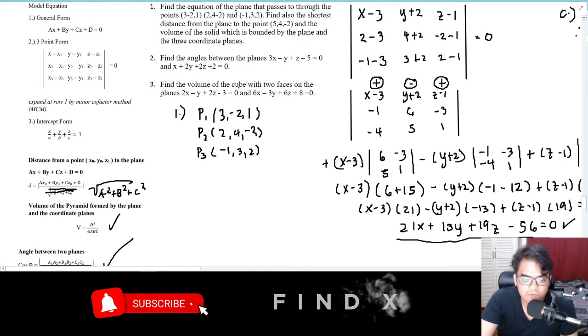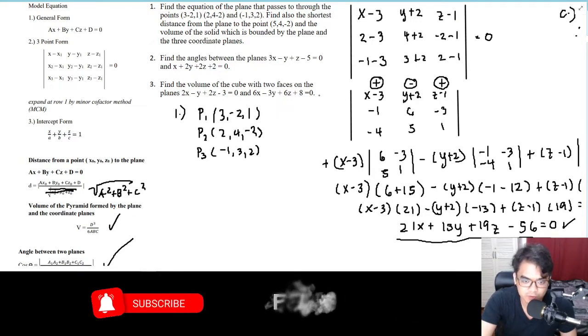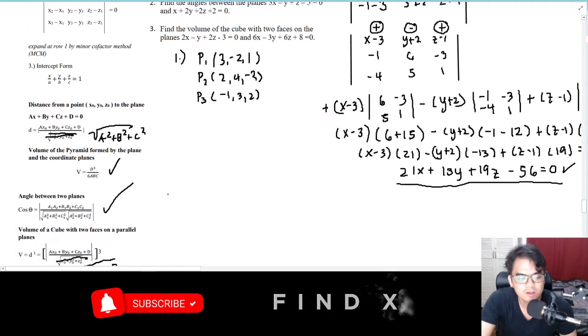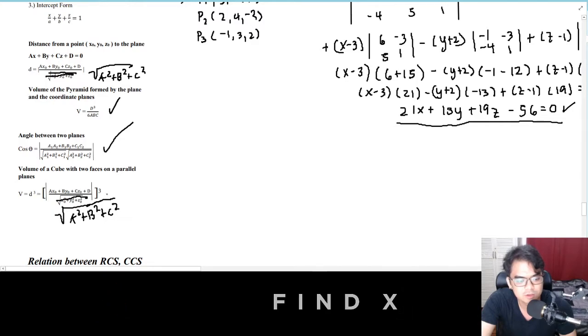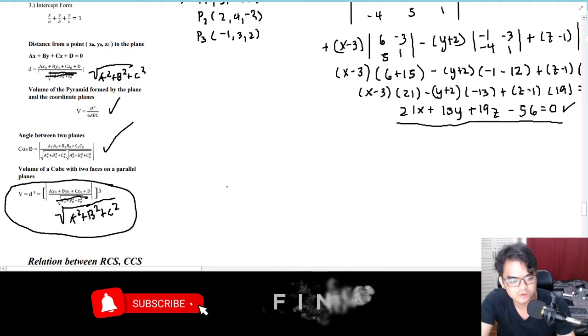So next we have find the volume of the cube with two faces on the planes 2x minus y plus 2z minus 3 equal to 0, and then another one which is 6x minus 3y plus 6z plus 8. So you can actually use this formula. Volume of a cube with two faces on a parallel plane.